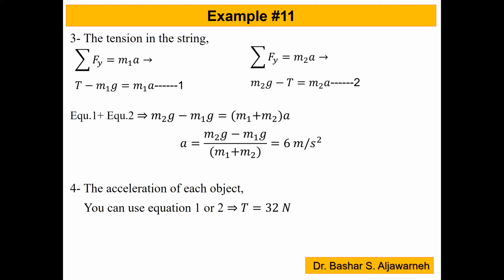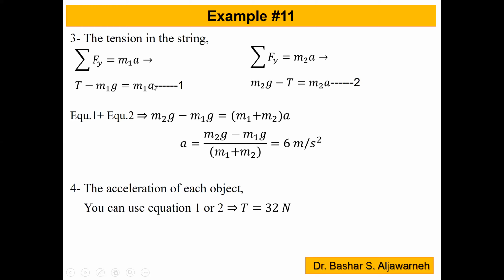Now, to calculate the tension, you can use either equation 1 or equation 2. I'm sorry, here, not the acceleration, here the tension. It's a typo error. So this should be the tension. So we are going to use either equation 1 or 2. I will go to equation 1, for example.